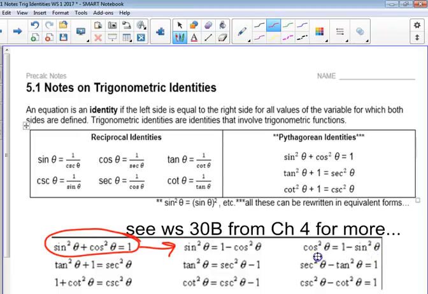Okay. On your blue sheet, can you make sure you have out your blue sheet and worksheet 30 from the last packet? On the blue sheet, there aren't very many different rearrangements of this.